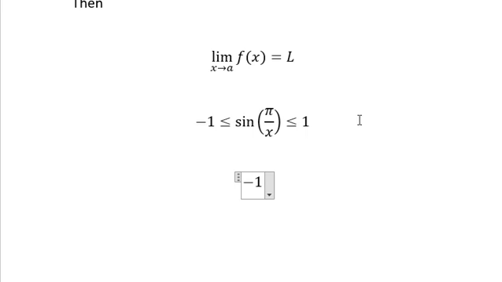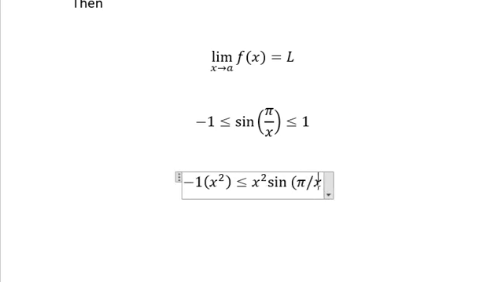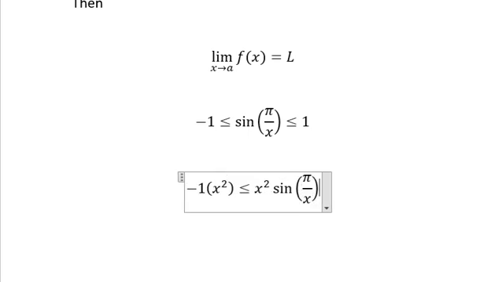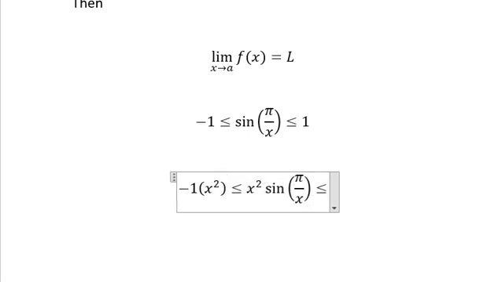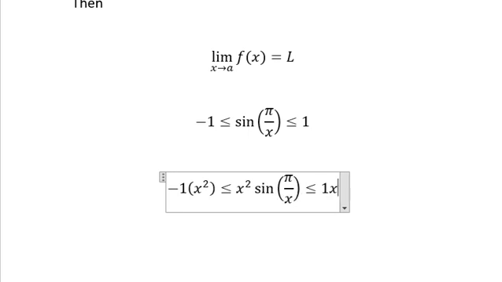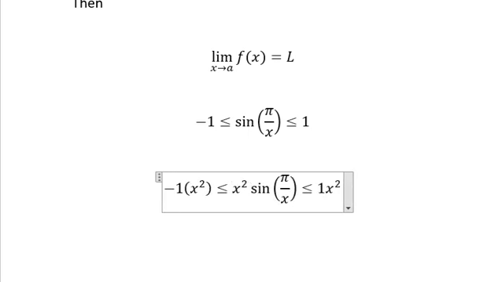So I have -1 times x squared, which is less than or equal to x squared times sine of pi divided into x, which happens to be less than or equal to 1 times x squared. I multiplied each part of the inequality by x squared, so the inequality should remain equivalent.